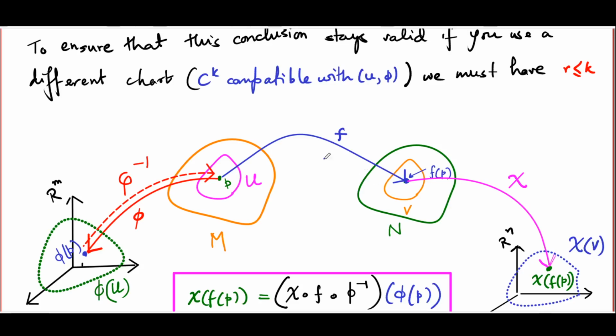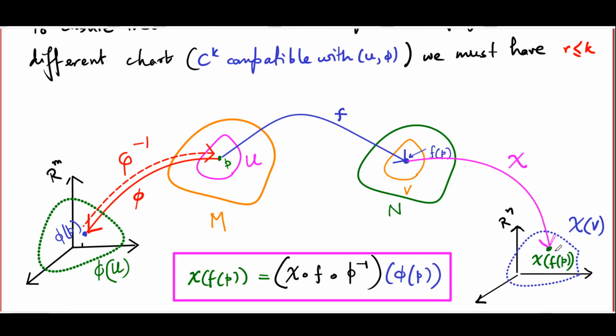On the other hand, f of P, the image of P under the map f, also can be given coordinates, this time using a chart V, chi, where V is a subset of capital N, to which f of P belongs, and the map chi maps f of P to the point chi of f of P in R^n. Remember, we are assuming that capital N here is an n-dimensional manifold. So, chi of f of P, of course, is a bunch of n real numbers.